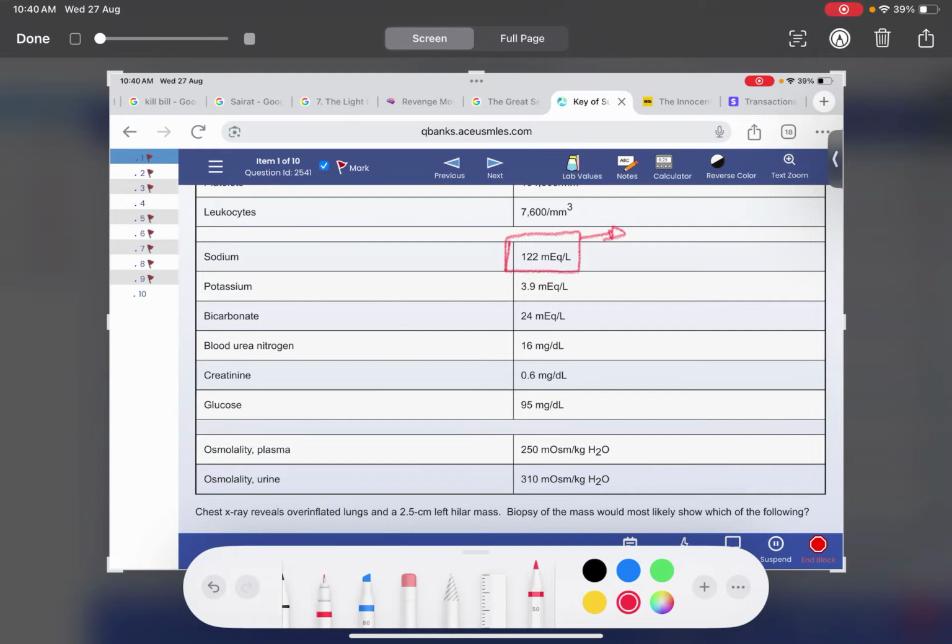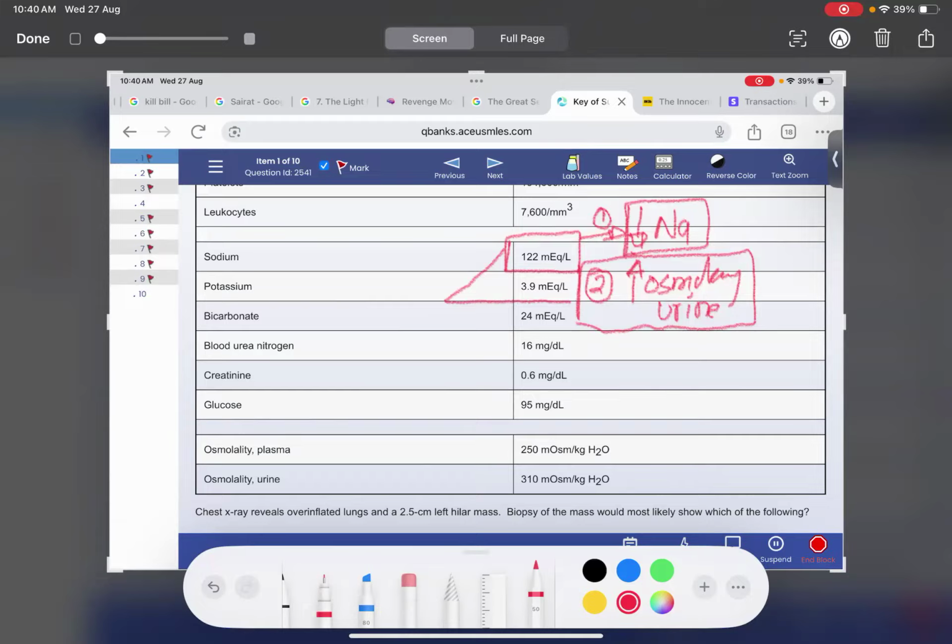So what does it mean? Number one, there is a decrease in sodium in the blood. Number two, there is an increase in osmolarity of urine. So what does it indicate? It means the urine is being concentrated and sodium is not being absorbed into the blood.